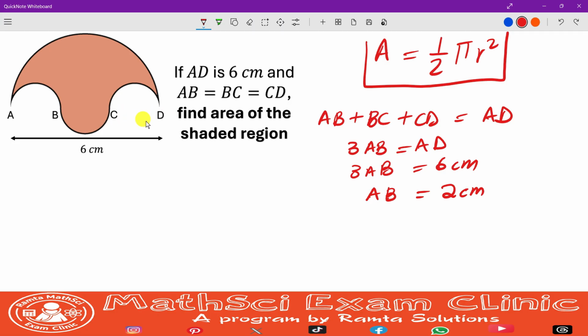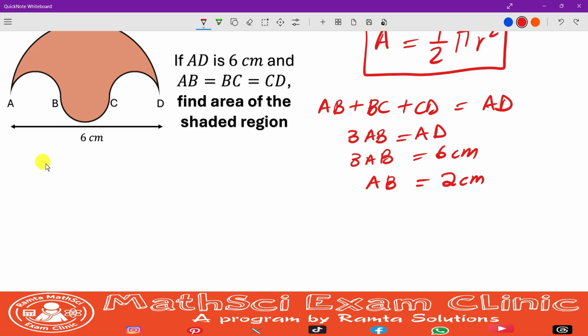and even CD is 2 centimeters. Because we are looking for the area of the shaded region, we will need the radii. So the radius of AD will be half the diameter, 6 centimeters over 2, so half of 6 centimeters is 3 centimeters.